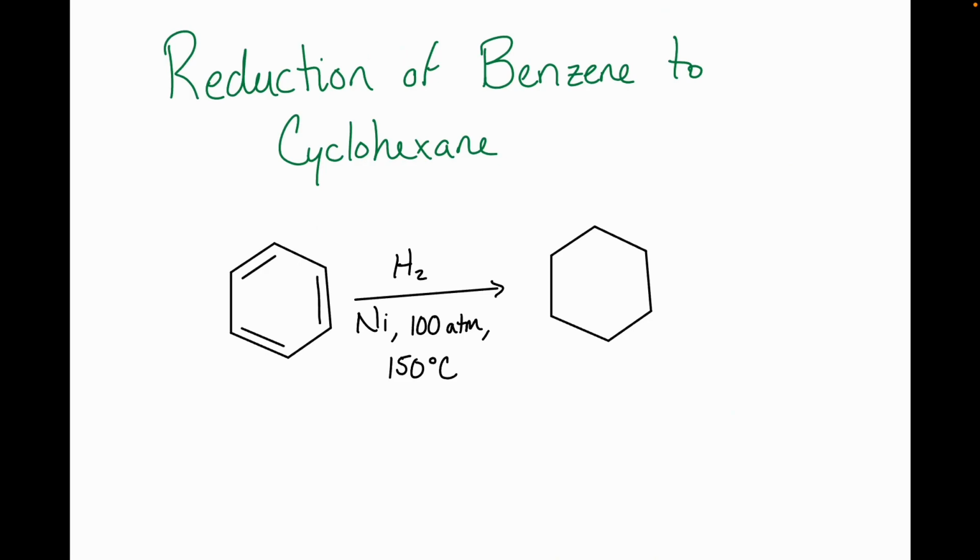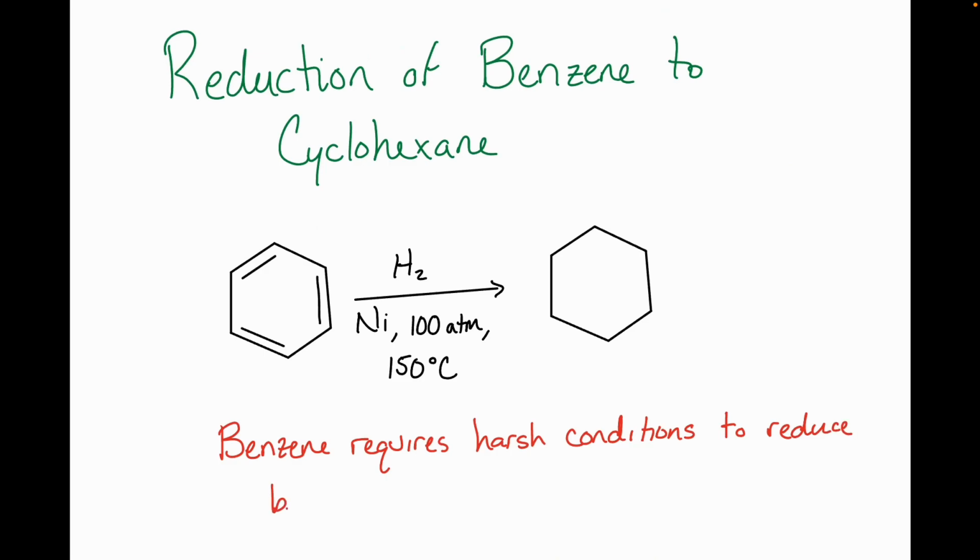And this kind of checks out within the context of everything that we learned. Benzene requires these harsh conditions to reduce because it's so much more stable than a normal alkene.